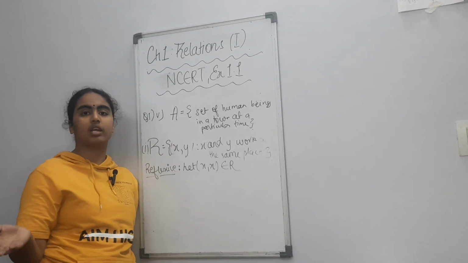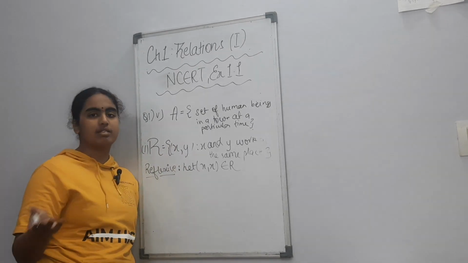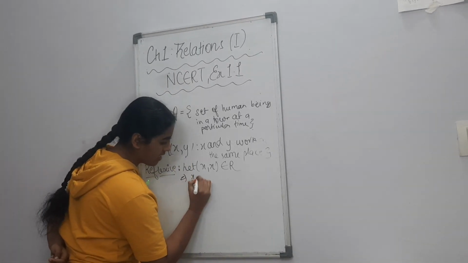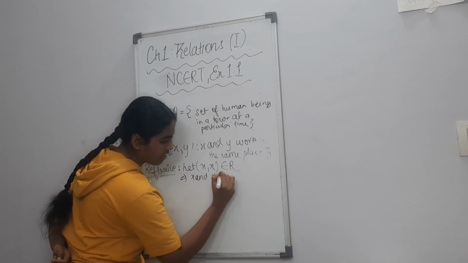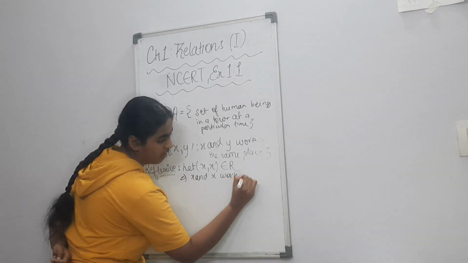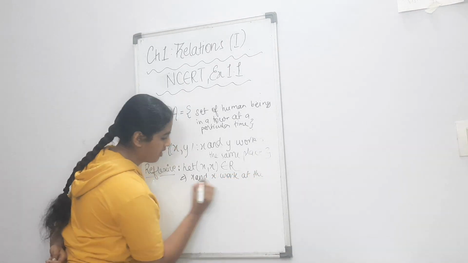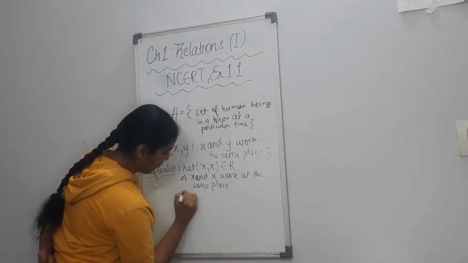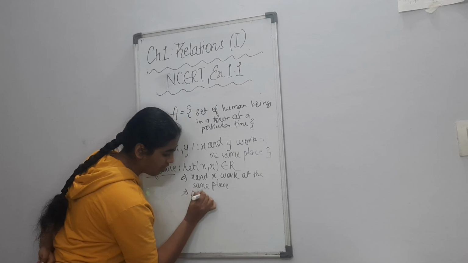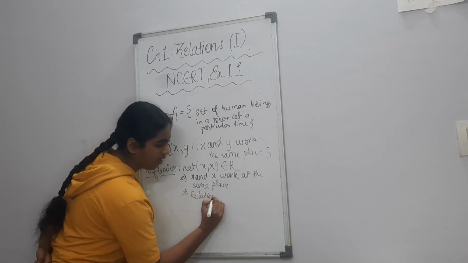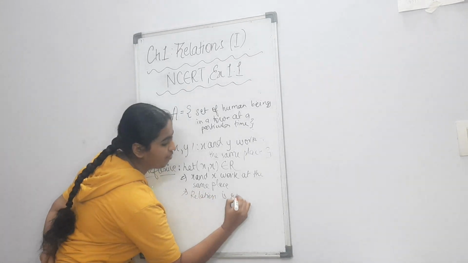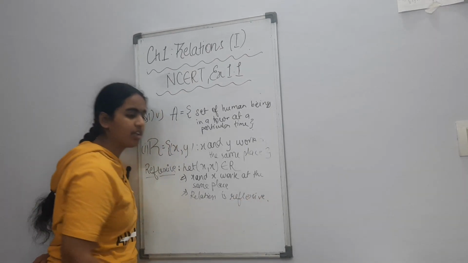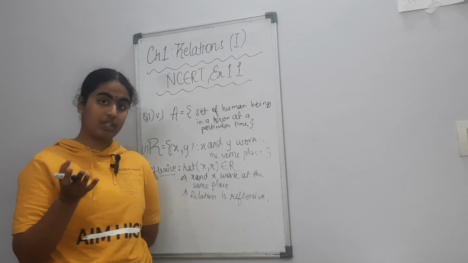So obviously they'll be working at the same place. That makes the relation reflexive. So, implies x and x work at the same place. Implies that relation is reflexive. Well, now we've just proved the reflexivity of our question.